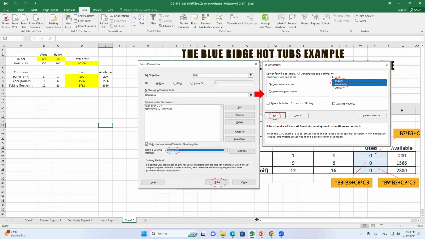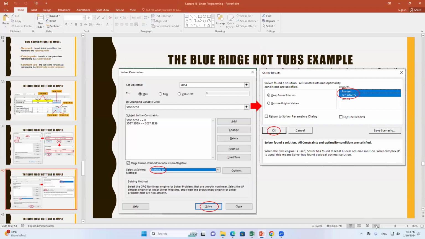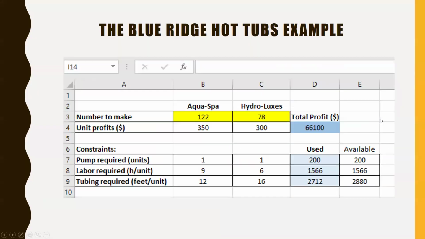This is the technique by linear programming. You can try to do this before you get the answer. Finally, you get the profit of $66,100 when you produce 122 alpha and 78 hydro.